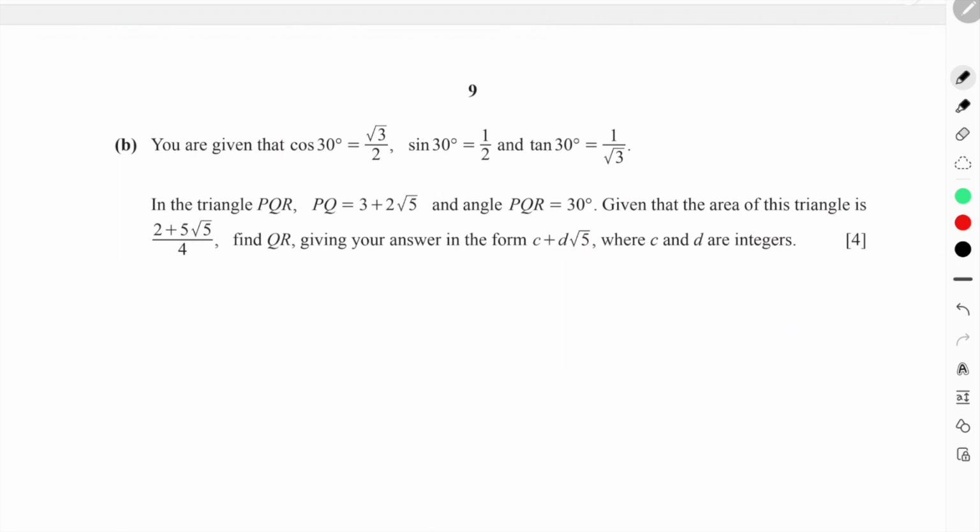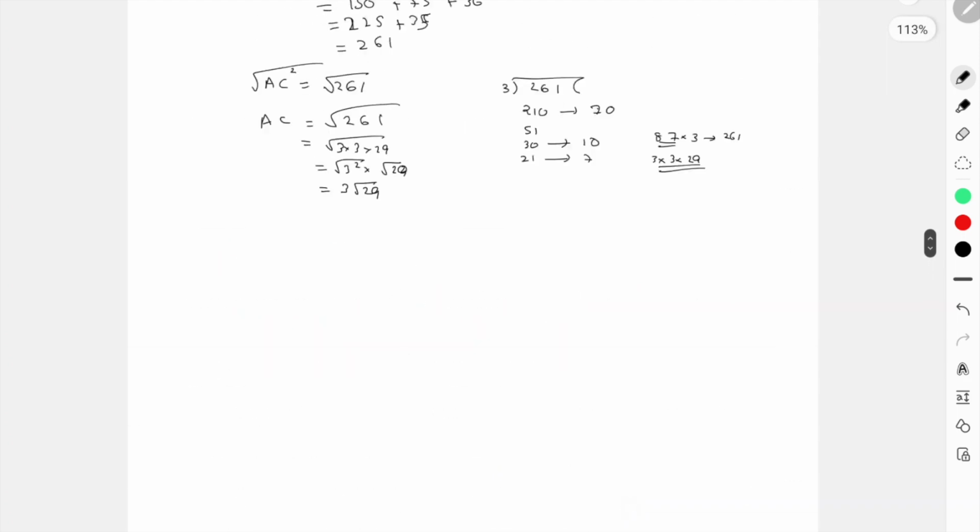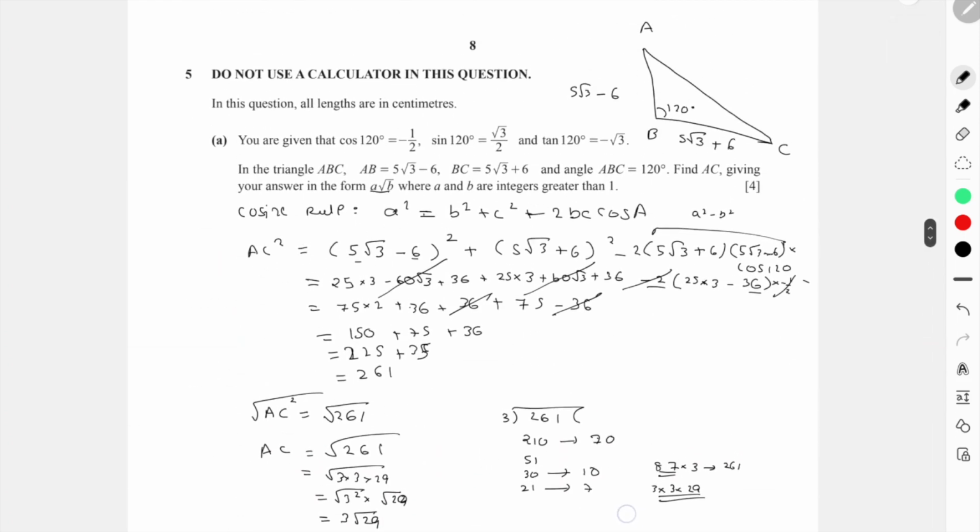Okay, I don't think we can use the calculator in this question either. So in triangle PQR, PQ is this, and then angle PR is this. Given that the area of the triangle is so, find QR. Okay. Do we know whether it's... Wait.